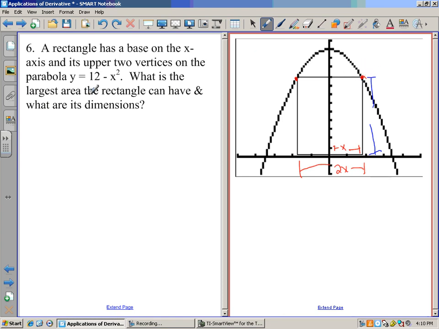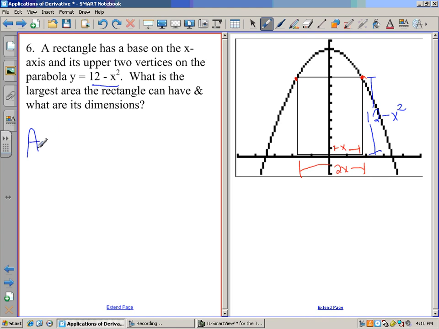So if I know the function is given by 12 minus x squared, that's the y value at any point on my parabola, then the height of the rectangle is given by 12 minus x squared. Because again, this vertex and that vertex are tied directly to the height of the parabola, which is the y value of the parabola, which is 12 minus x squared. Cool, huh? So what are we maximizing?